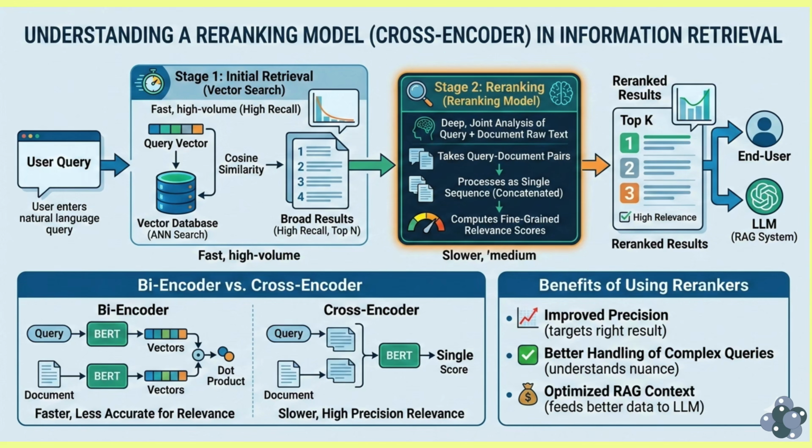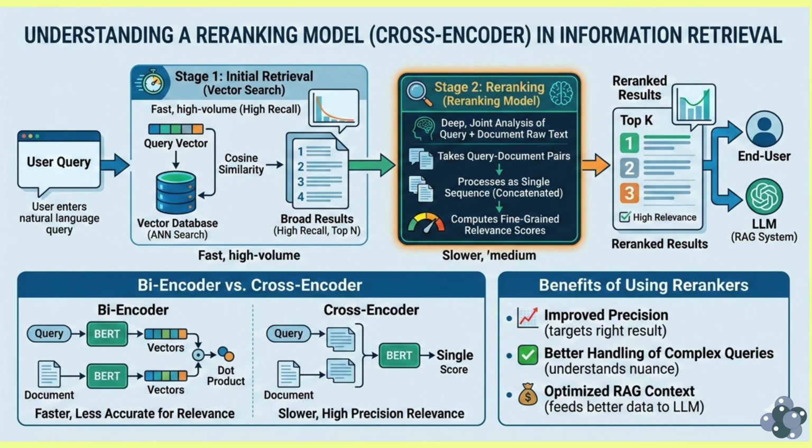The documents are then reordered based on these new, more accurate scores, ensuring the most relevant items are pushed to the very top of the final list. Finally, only the absolute top results are passed to the end user or to a large language model in a Retrieval-Augmented Generation or RAG system.